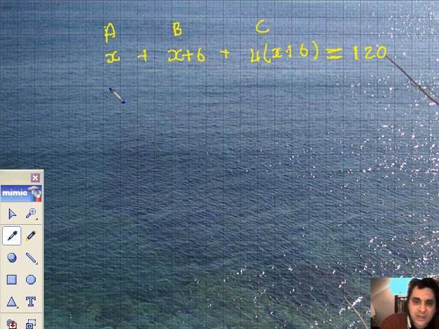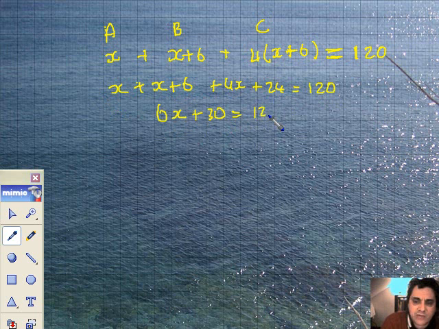What have I got? I've got x plus x plus 6. Now multiply the bracket. Plus 4x, 4 6s, 24. All comes to 120 counters in total. Right, 1, 2, 6 x's, and 6 plus 24 is 30.